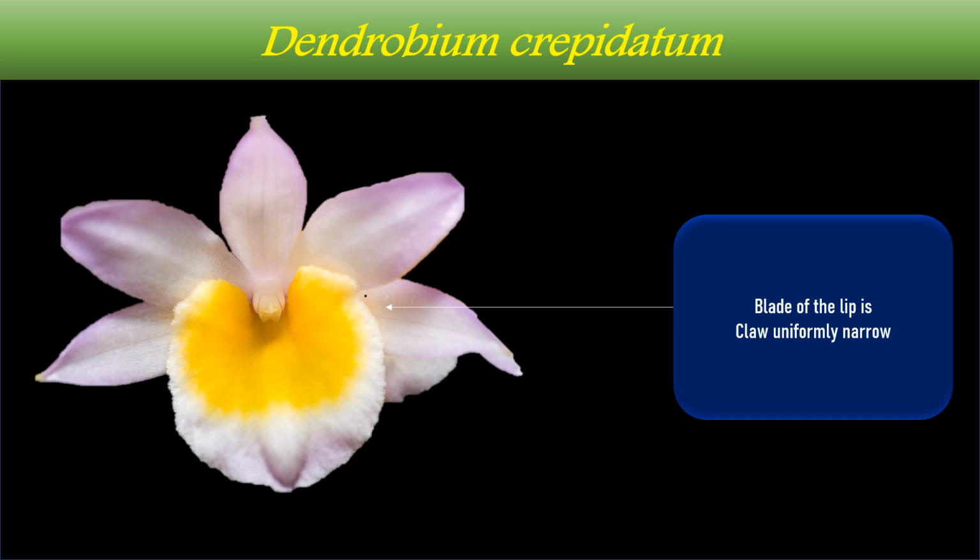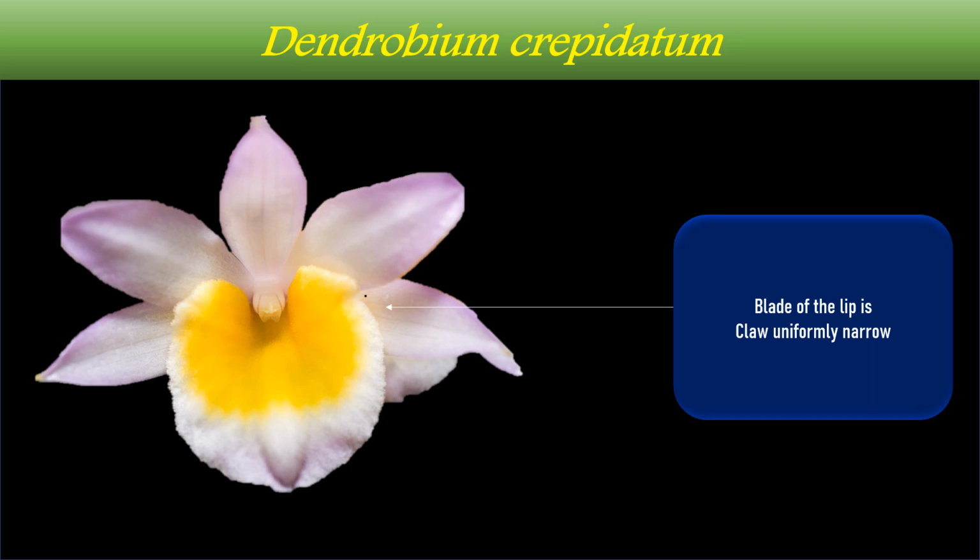Some Dendrobium lips, as I have told earlier, are clawed inward and some are clawed outward. So here you can see the claw uniformly narrowed, and what makes it different is that the yellowish part is more visible than any other color in this.